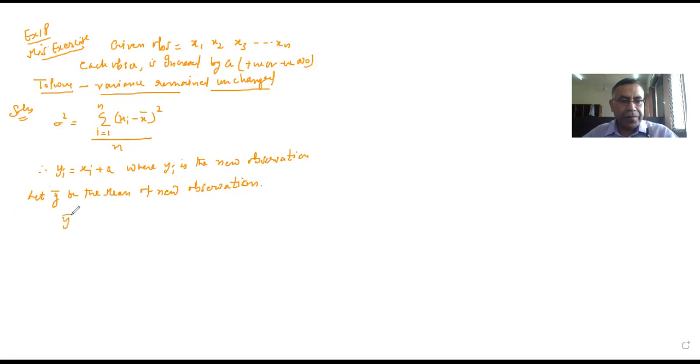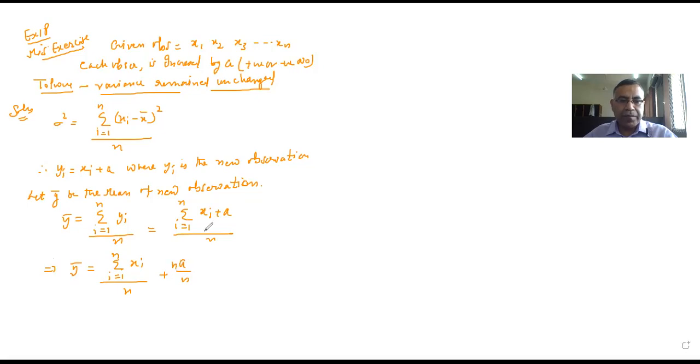So I can write y bar as sigma i equal to 1 to n yi divided by n. Now the value of yi is known to me. This is sigma i equal to 1 to n, xi plus a, divided by n. So y bar can be written as sigma i equal to 1 to n xi divided by n plus sigma a divided by n.